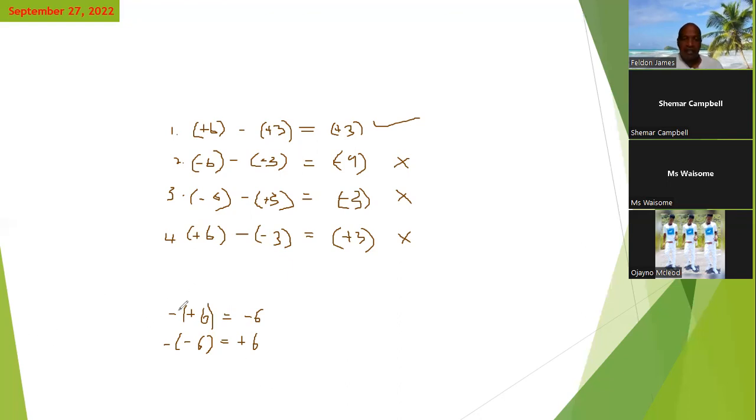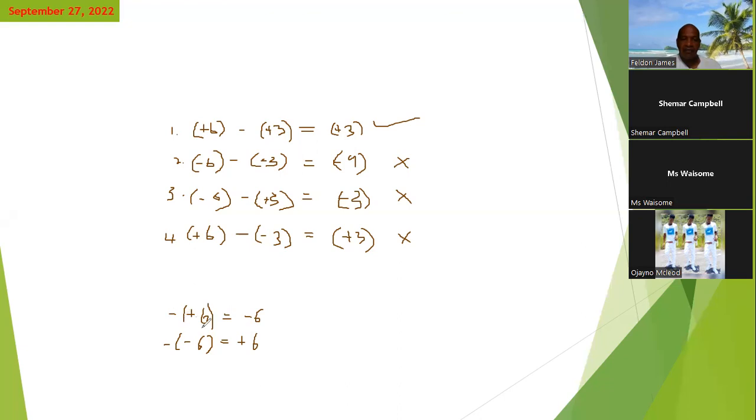So if you have a negative sign in front of any bracket, when the bracket is removed, the sign of what is in the bracket changes to the opposite. You see that? So this now becomes -6 and this now becomes +6.